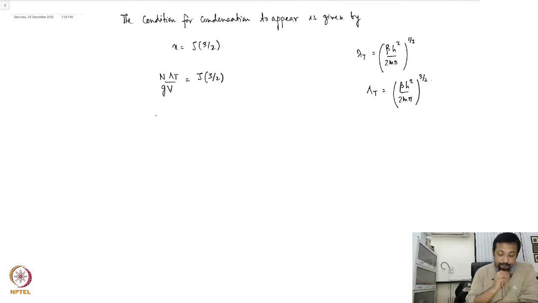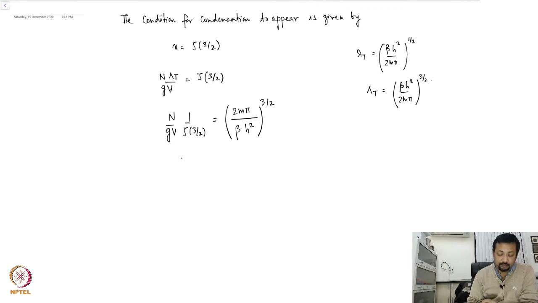So then n over gv zeta 3/2 is equal to 1 over beta h square over twice m pi raised to the power 3/2.